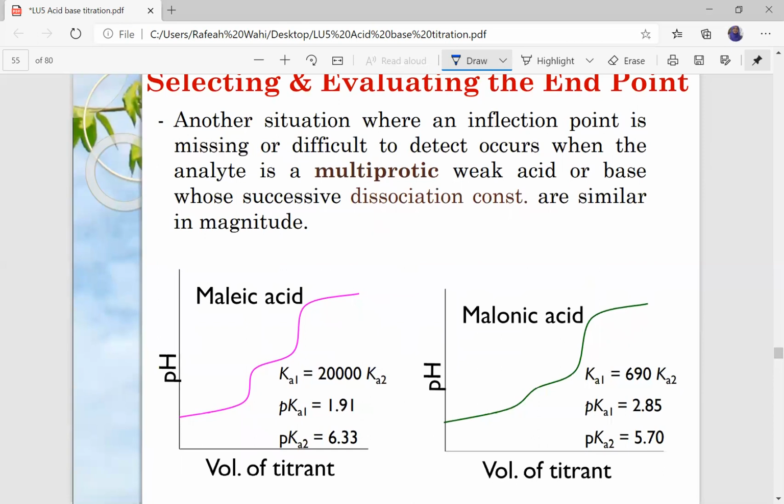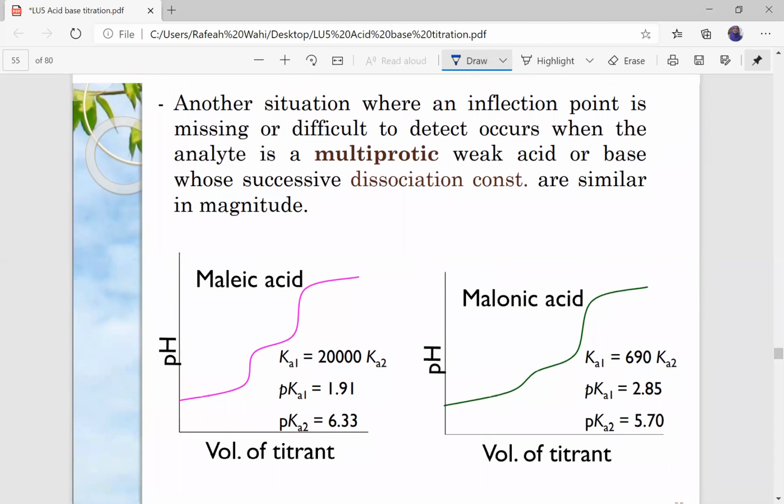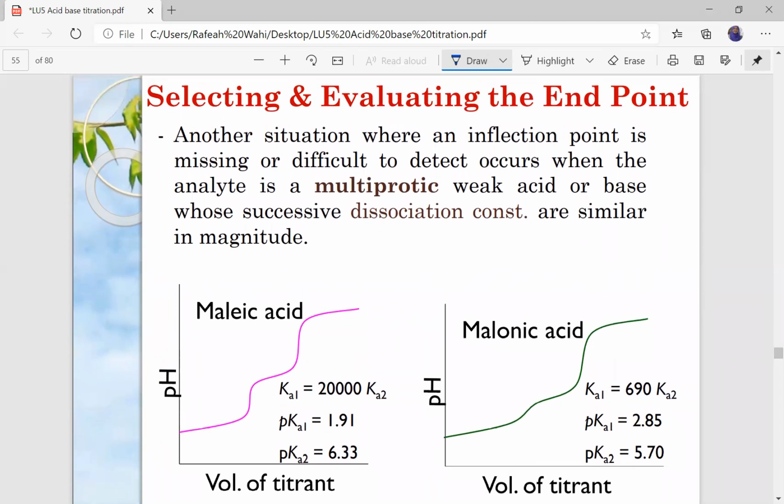Another situation where an inflection point is missing or difficult to detect occurs when the analyte is a multiprotic weak acid or base whose successive dissociation constants are similar in magnitude. Just now we discussed the shape of the titration curve for polyprotic acid and polybasic base, which have more than one inflection point.